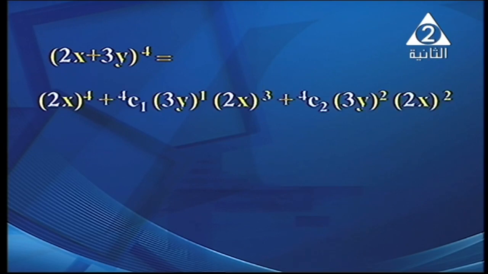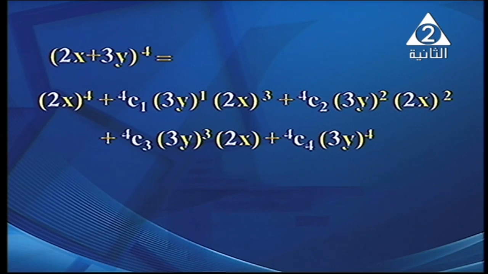First, 2x for all power 4, plus 4c1, 3y for all power 1, 2x for all power 3, plus 4c2, second term 3y for all power 2, first term 2x for all power 2, plus 4c3, second term 3y for all power 3, multiplied by 2x for all power 1, plus 4c4, 3y inside the bracket for all power 4.